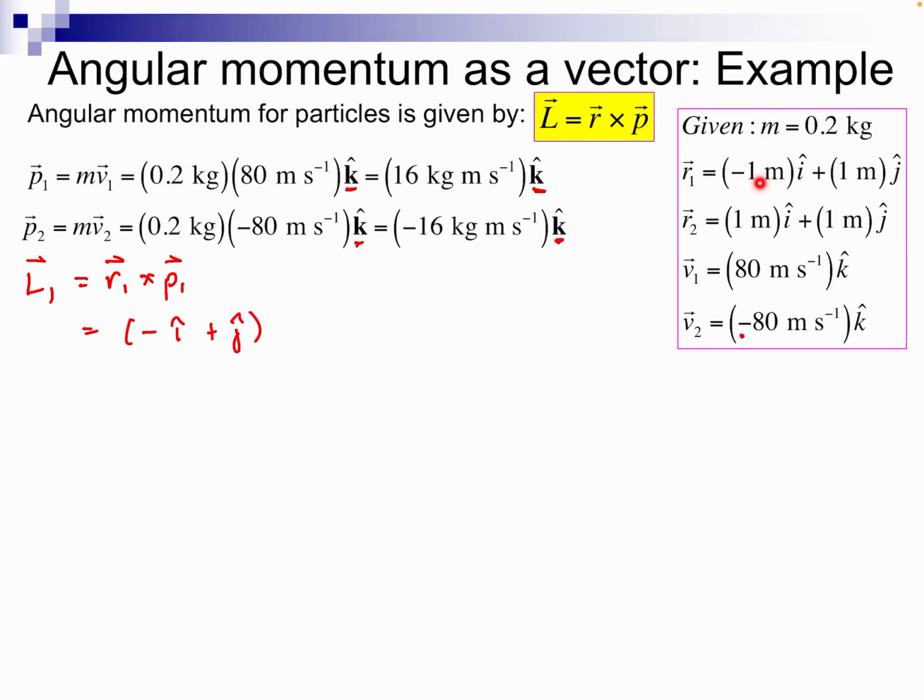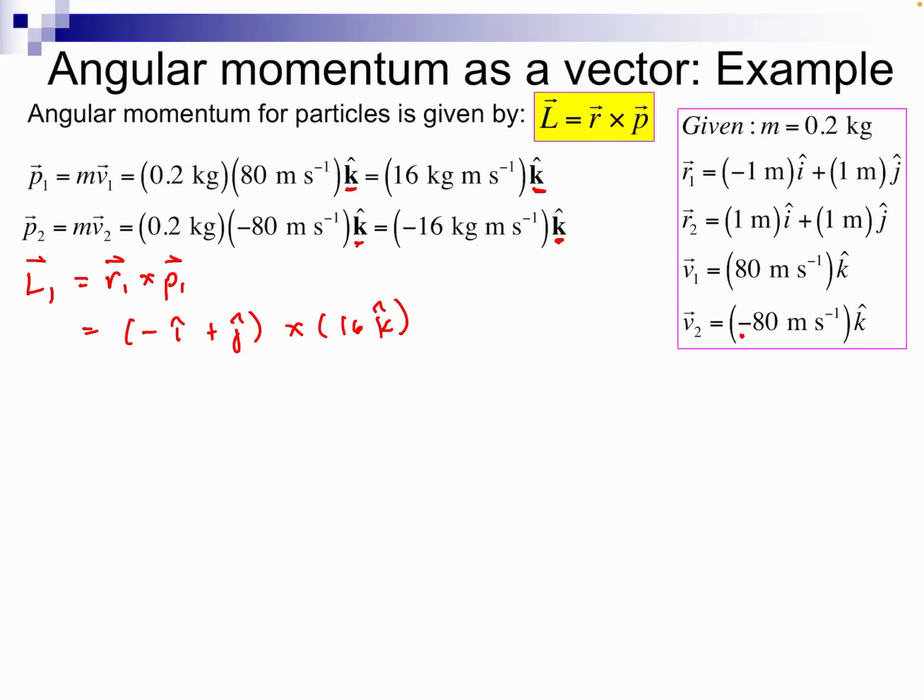We cross this with P, and P is 16 k hat. You can choose to use the determinant rule, or you can distribute k hat to each of the components of the parentheses. Here, both methods are valid.